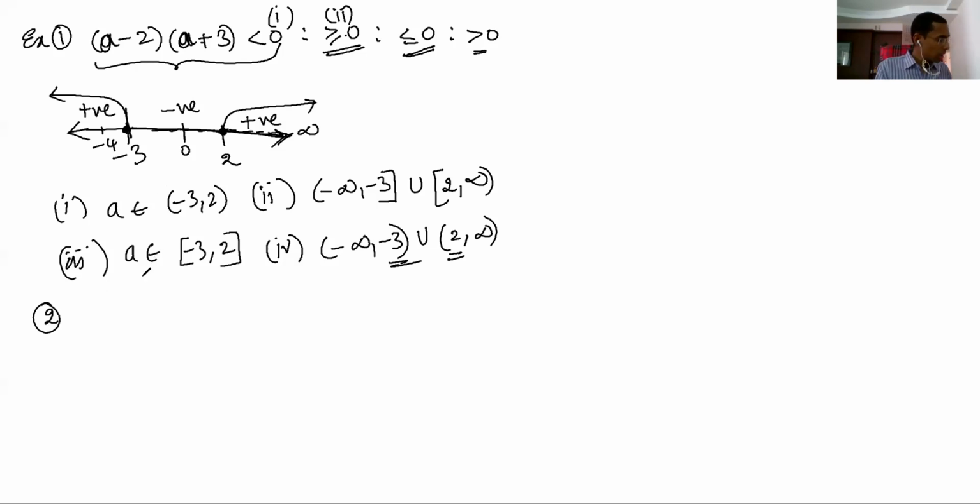Now what is a little difficult in this case is, of course, if you see the graph here. What is the graph of this? Here, let's say this is minus 3, and this is 2. This is an upward parabola, no doubt about it.